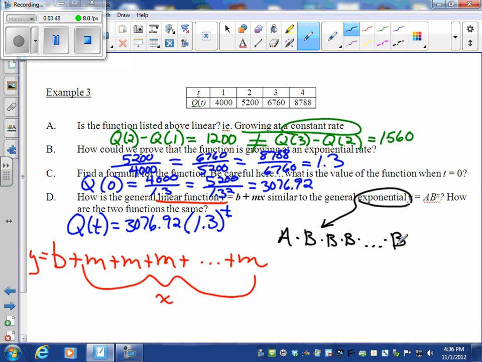And how many times do I multiply by b? X times. And it should equal y. So they're very, very similar in that it's an initial amount with an operation performed on that repeatedly x times. They're different in that one operation is multiplication and the other is addition. Excellent. Next problem.